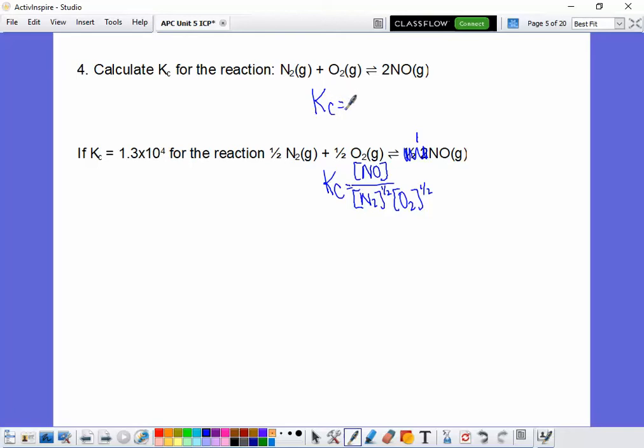Well, let's write out the expression. What goes on the top? NO squared. And on the bottom is N2 times O2, right? So going from here to here, what did we do to the coefficients? We doubled them. We multiplied by 2.